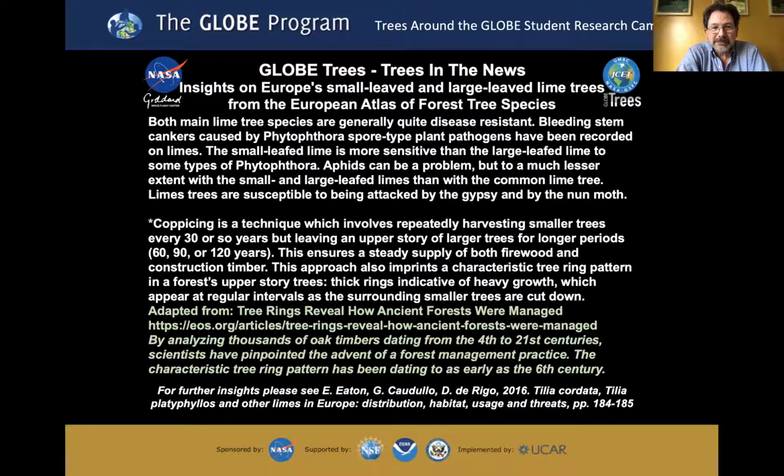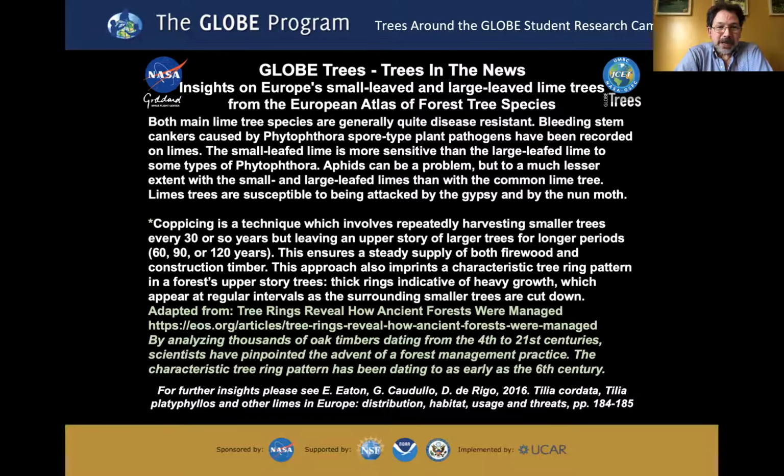But the fact is they are a very long-lived part of the landscape, and so obviously have pretty good insect and disease resistance. And this is a little more detail on coppicing, and thanks to my fellow member of the core team for finding this Eos article.